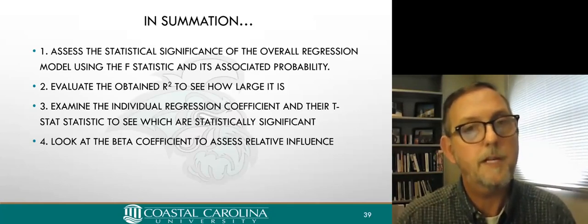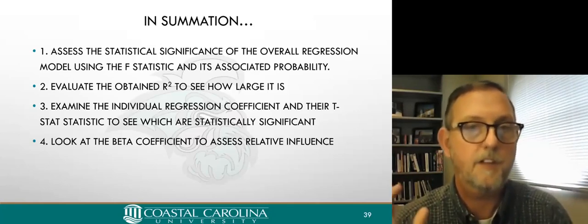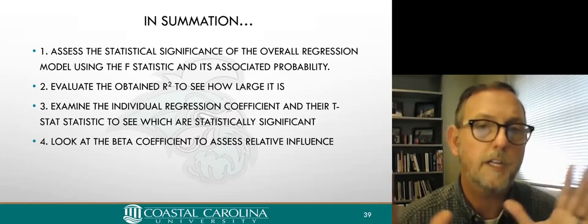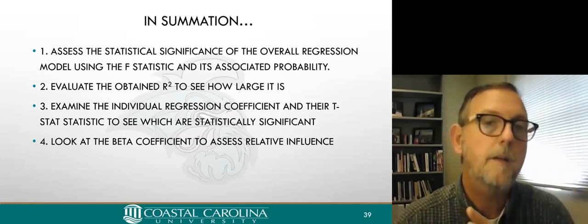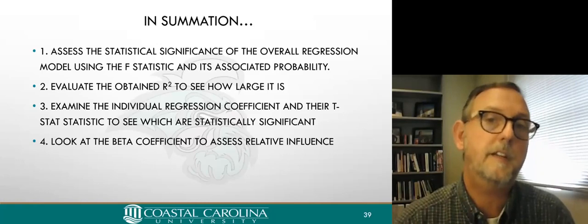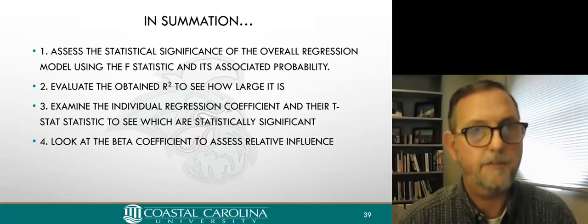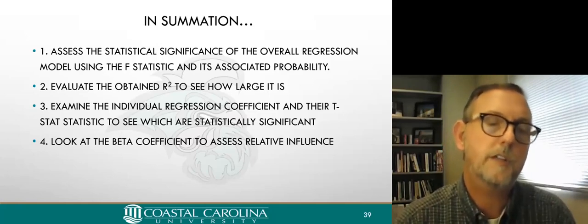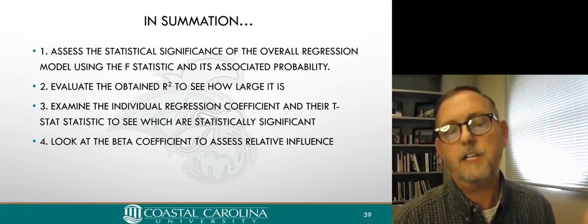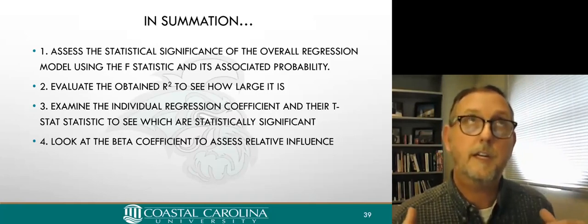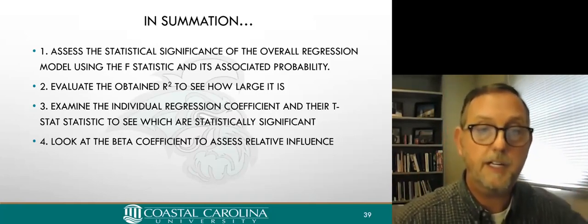Consider dropping betas if there's shared variance, if there's a lot of correlation among the X's, or if they're not significant, if the t-value is too small. Also consider adding variables if your R squared is too small and you don't feel like your predictive power is going to be strong enough for what you're trying to find.